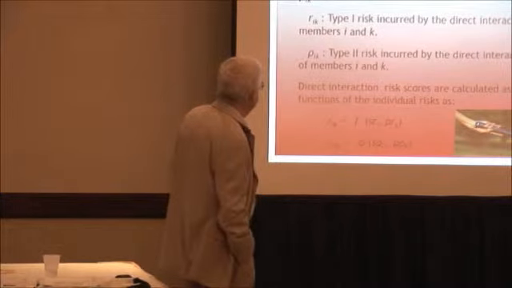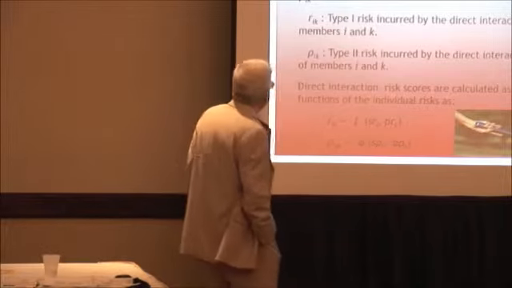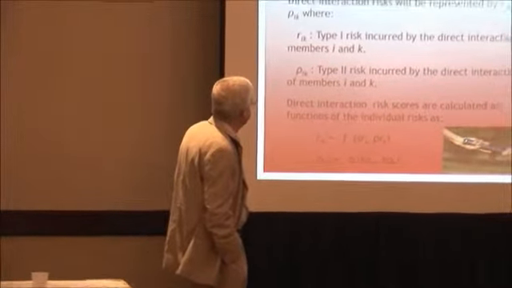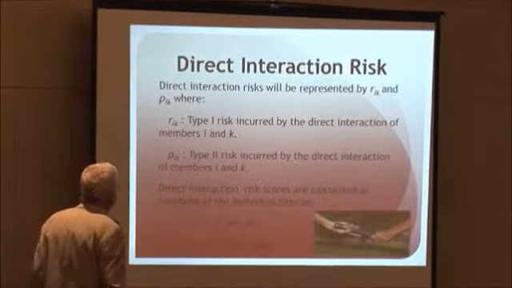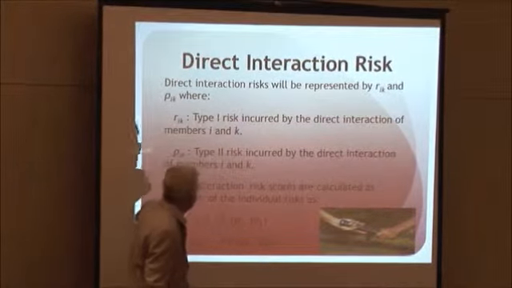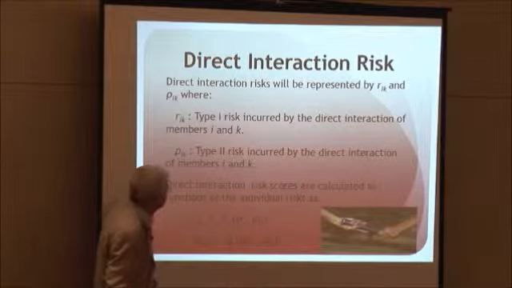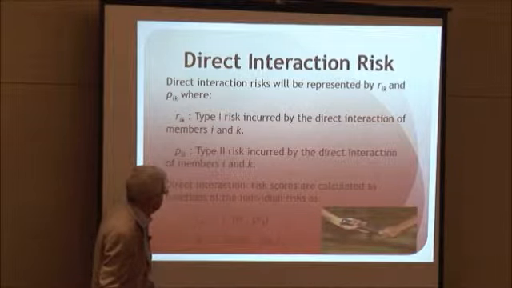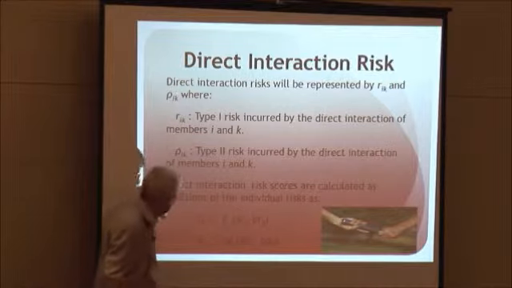Now, when an interaction is produced, okay, risk type 1 is incurred when there is a direct interaction between members I and K of the supply chain. And risk type 2 is incurred when an interaction happens between the same two members of the supply chain.